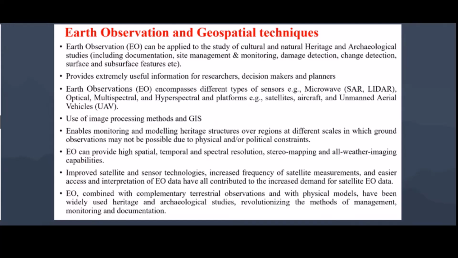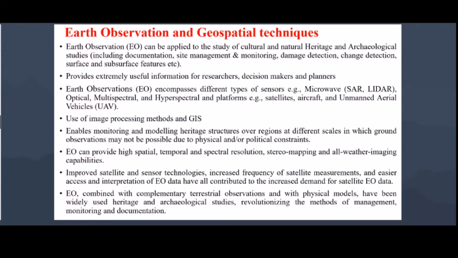Now, these kinds of intelligent systems will enable monitoring and modeling of heritage structures over different regions at different scales, and in places where ground observations may not be possible due to physical or political constraints.